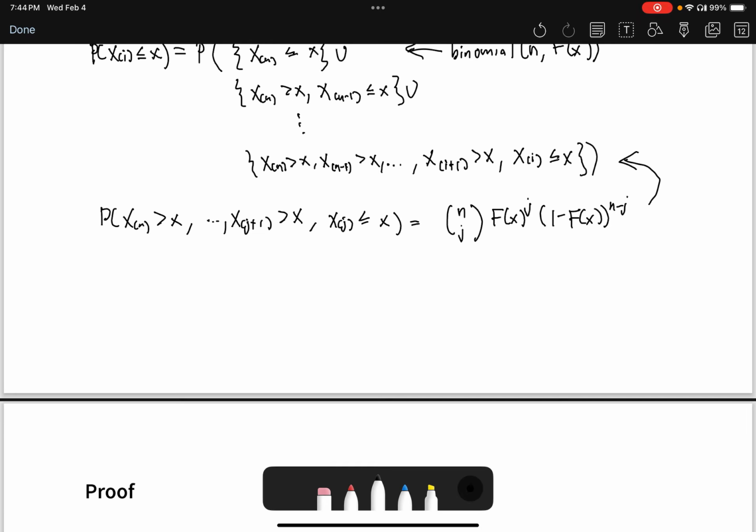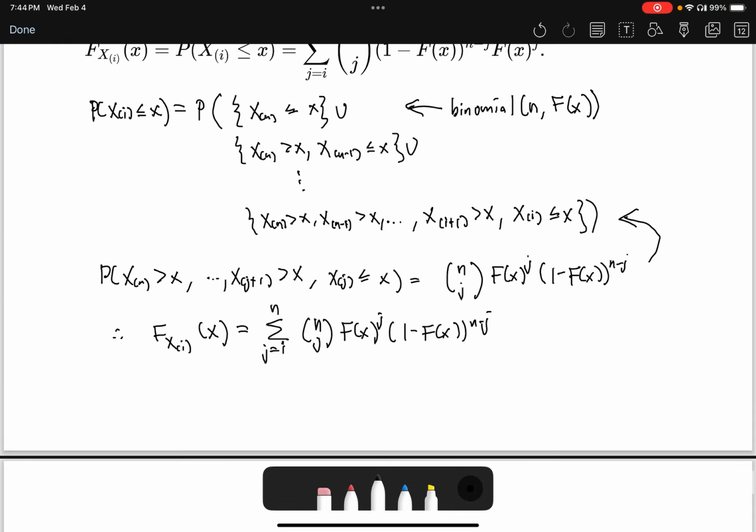And so when we combine everything together, the CDF for the ith order statistic evaluated at x is the sum from j equals i up to n of n choose j, F of x to the j power times 1 minus F of x to the n minus j power, right?